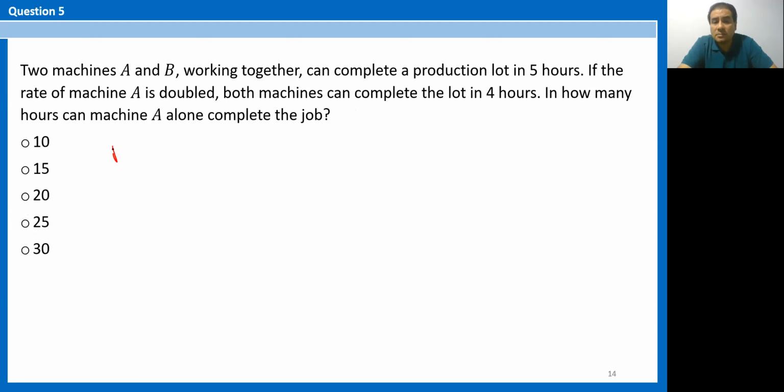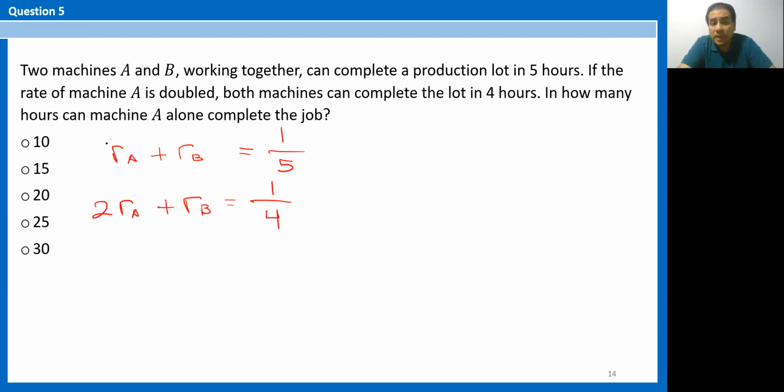The rates of machine A and machine B, if we add them, because they work together, they can complete one lot in 5 hours. Right? If we double the rate of machine A, that means 2 times the present rate of machine A plus machine B, they could complete one lot in 4 hours.